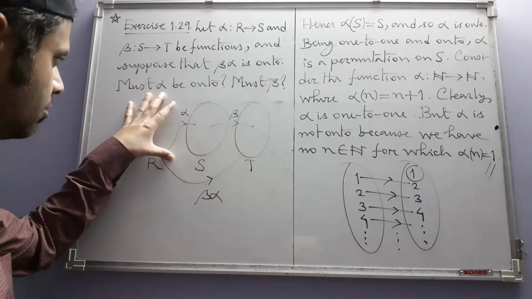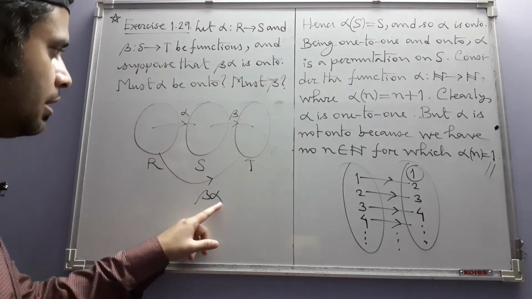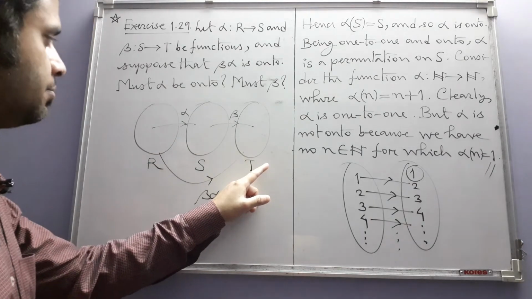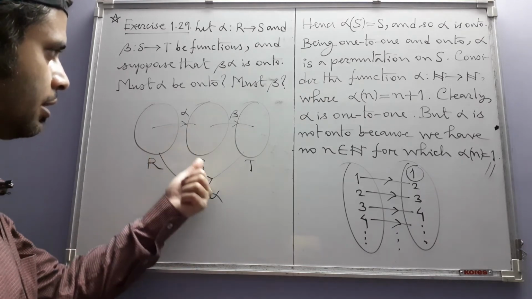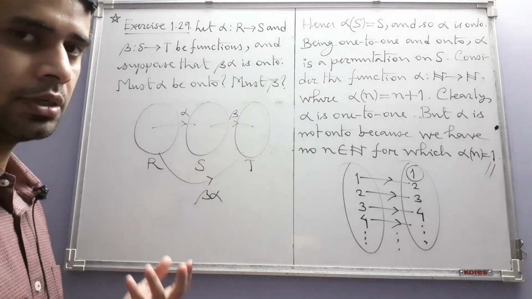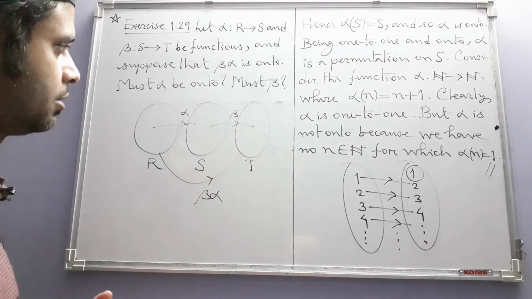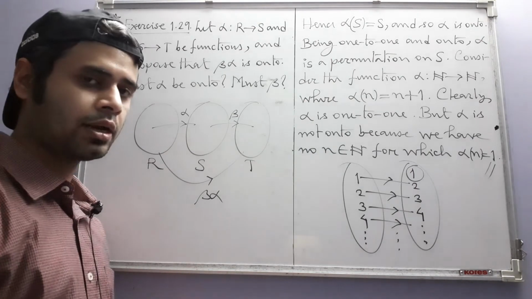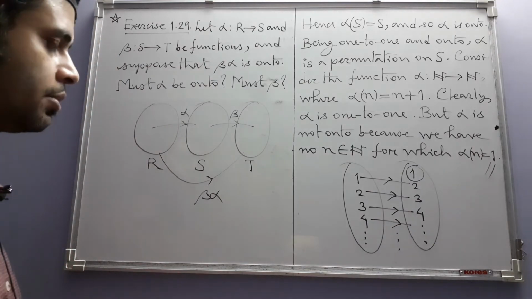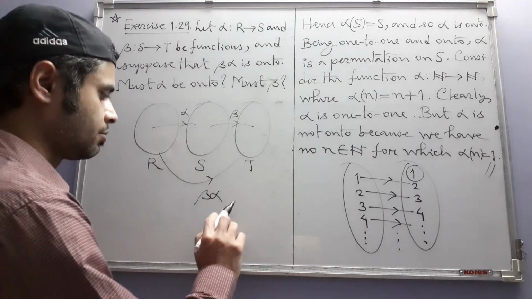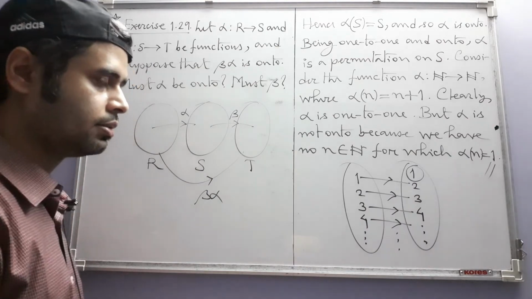So the shadow of R under beta alpha is all of T. Is that also the case with alpha, and is that also the case with beta? We have to answer that. This we will solve along with other exercises in the next video, which will be there next Saturday.